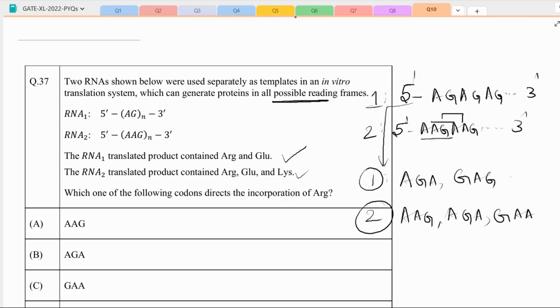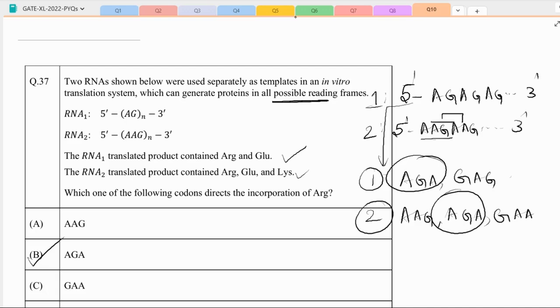If you compare these two sets of reading frames, which codon is common in both? AGA is common in both, and as a result, the answer is B, which is AGA, coding for arginine. This codon directs the incorporation of arginine because it is common in both, and the translation products of both RNAs contain arginine.